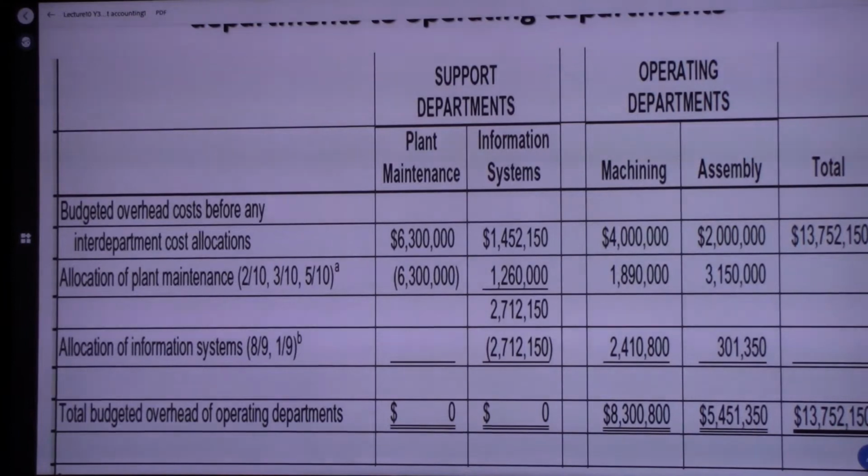For assembling, you are going to allocate 3,150,000 US. After allocating costs to the remaining 3 departments, you are going to have a zero balance for plant maintenance department. Then you transfer to the information system department in a sequential way.